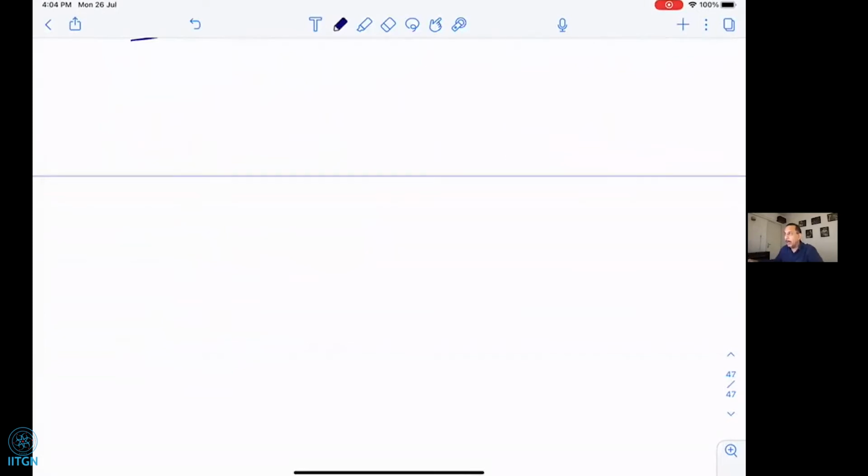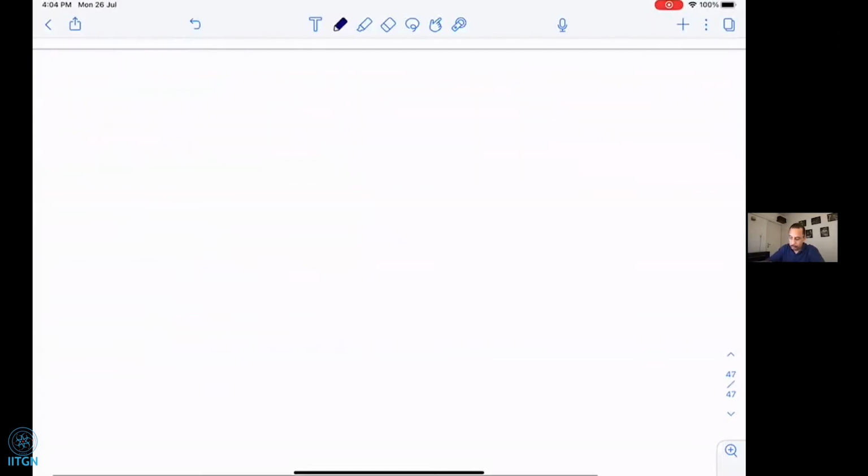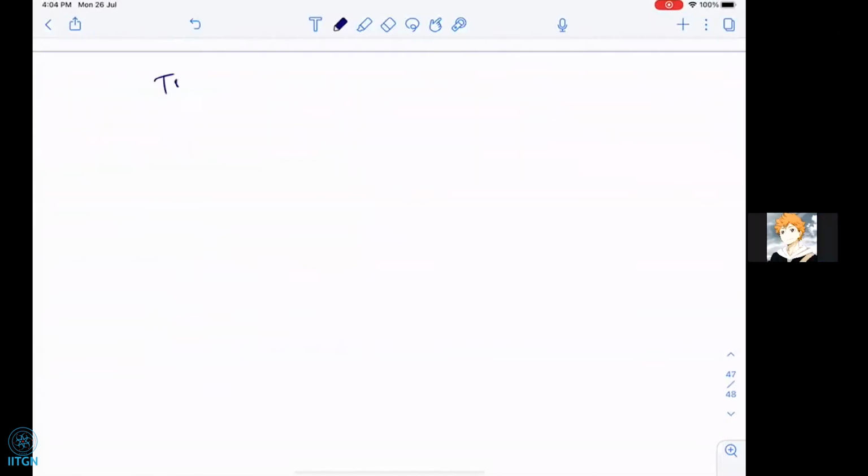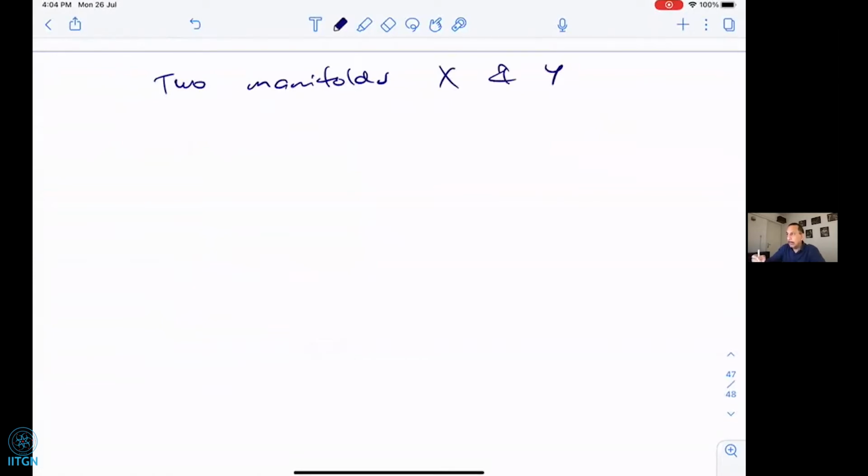Supposing I have two manifolds. If I just say manifold, I mean differentiable manifold, X and Y. And I have a map, a function from X to Y. This is a new situation.